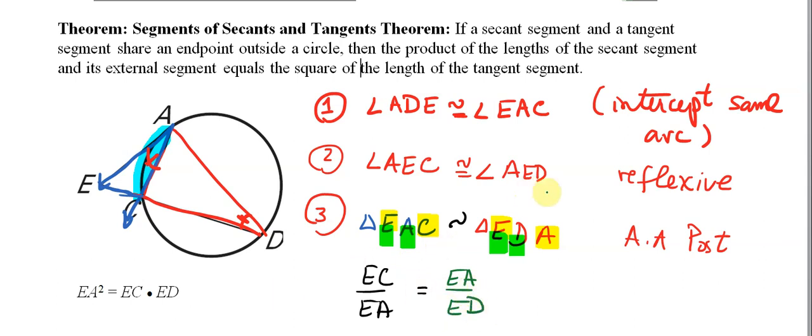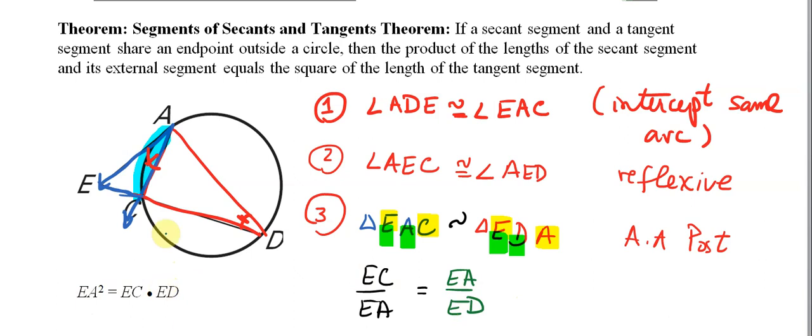So that's a statement of proportionality. And now if we cross multiply once again, we have EA times EA, that gives us EA squared, and then ED times EC, so that gives us the right side of this.